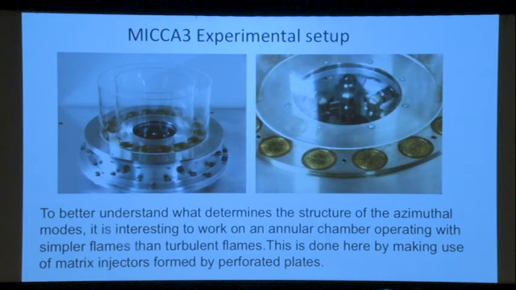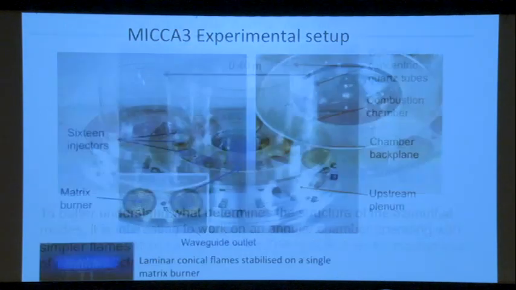Instead of having the dynamics of these swirling turbulent flames, you have just conical flames. And of course, we know very well these conical flames. We have studied that previously. You've seen some of these results. So we make the problem simpler, and we have these matrix injectors.